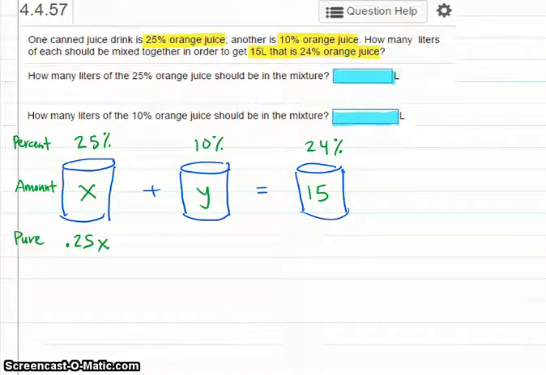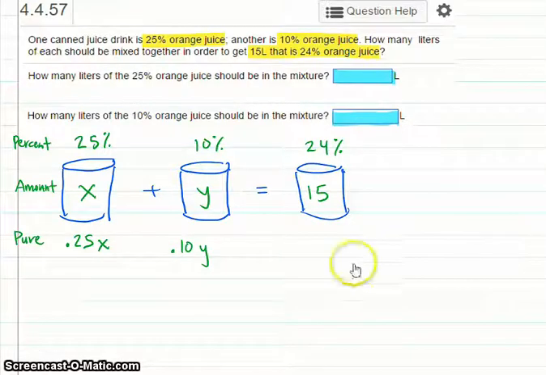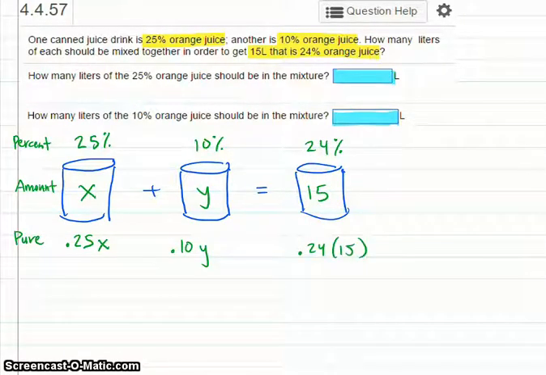Let's take a look at the pure amount for the 10%. The quantity is Y, so we have Y amounts of the 10% concentration, so that would be 0.10 times Y. And for the final pure amount, we have 24% concentration and 15 liters of that, so that would be 0.24 times 15.